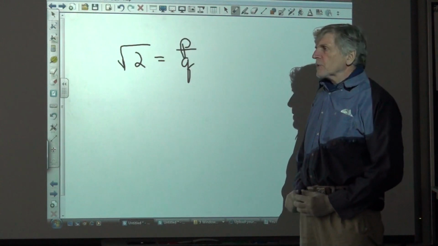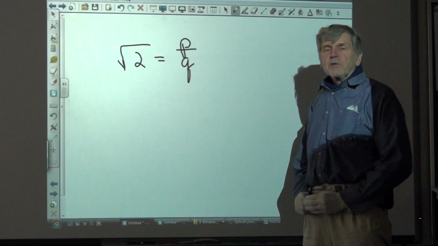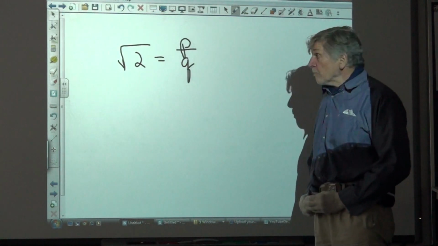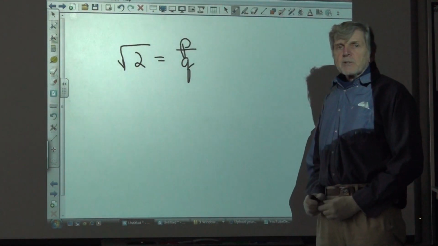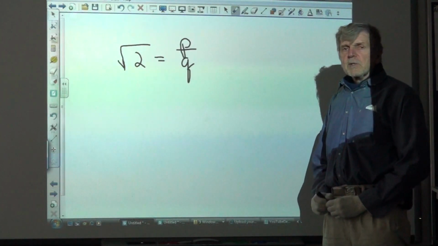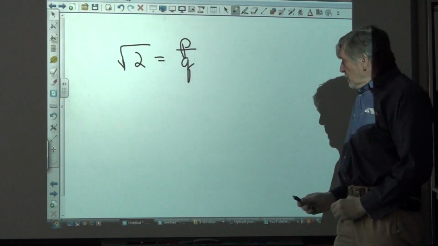Numbers that cannot be expressed as one integer over another integer are held to be irrational. Not that they're crazy in any sense, they're just irrational. Let's assume that this is true, and we will show by assuming that this is true that you're led to a contradiction. Therefore, the only thing you can do is throw away your assumption that this is true.